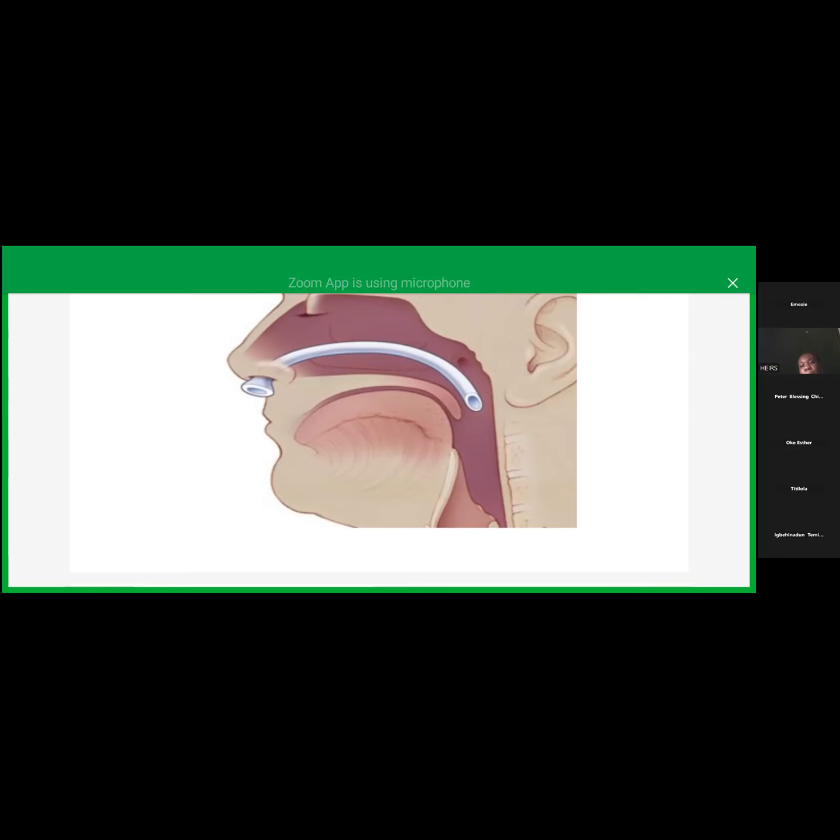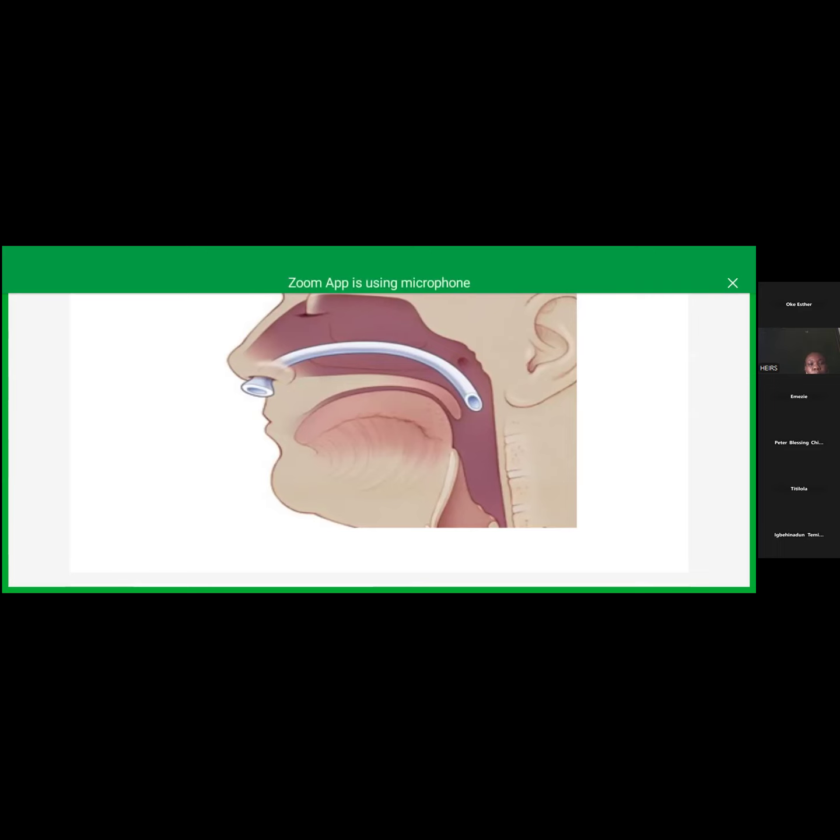After we have measured, the third step is to lubricate. We use a water-soluble lubricant to lubricate the nasopharyngeal airway device. So after lubrication, we'll now insert it gradually with the curve end facing downward.